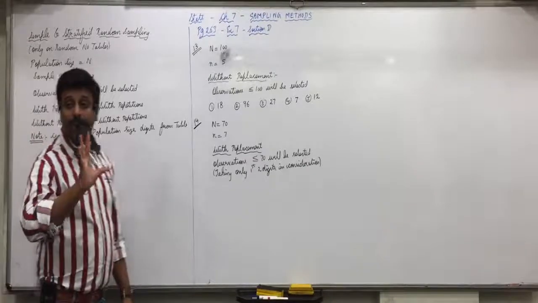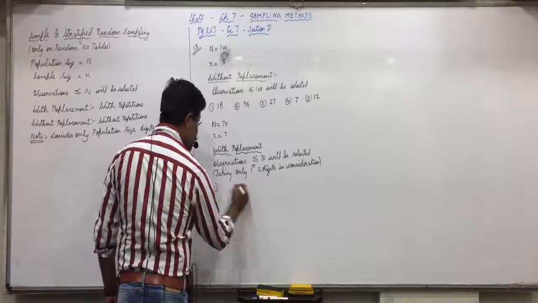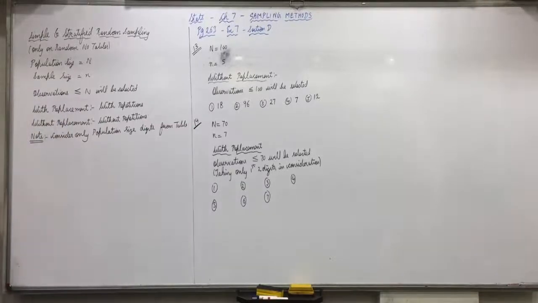Now, first of all, small n is 7, so write 7 numbers. Did you understand this? Now, we'll take only the first 2 digits.